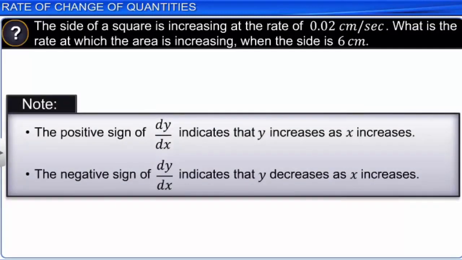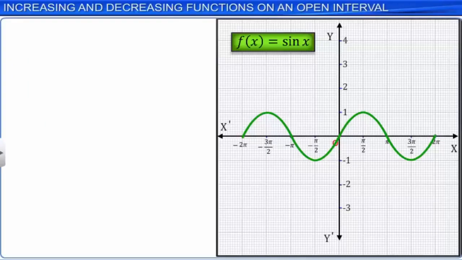The positive sign of dy upon dx indicates that y increases as x increases. The negative sign of dy upon dx indicates that y decreases as x increases. Take a look at the graph of f of x is equal to sin x.